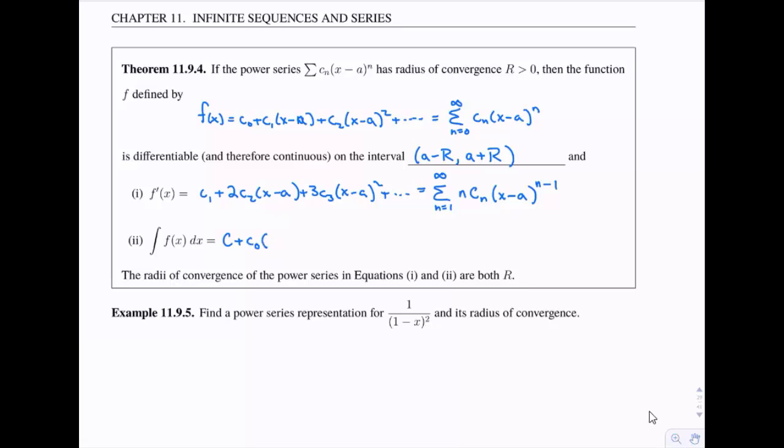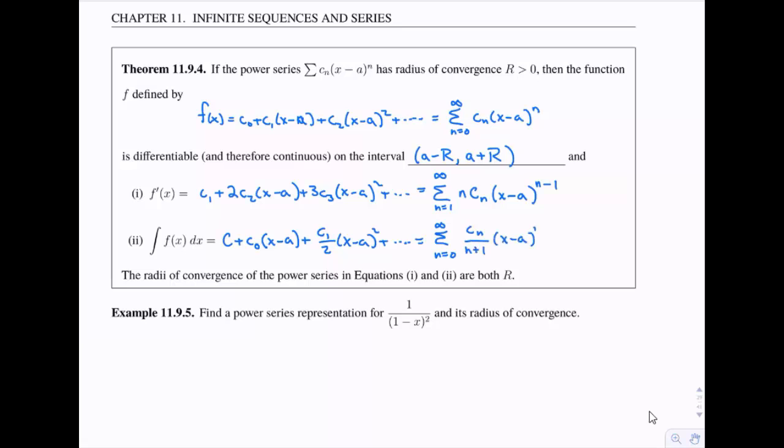Now if I integrate, well, there's going to be a constant of integration. That's my c in this case. And then when I integrate c sub 0, I'm going to have this x minus a. And then I could have plus c1 over 2 times x minus a quantity squared, and so on and so forth. And so that's going to be the same thing as essentially integrating polynomials.